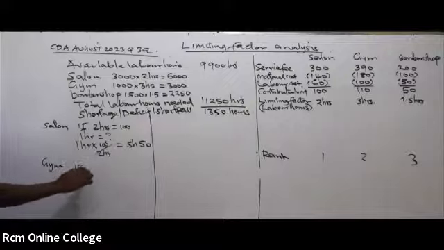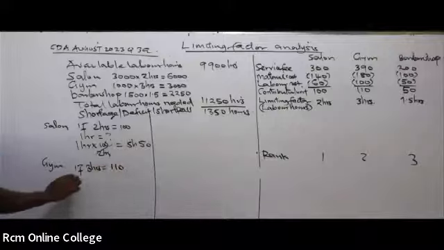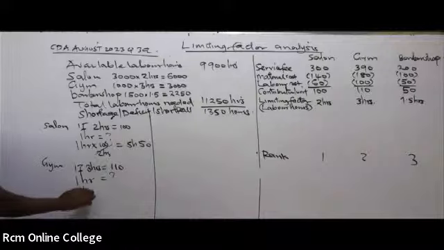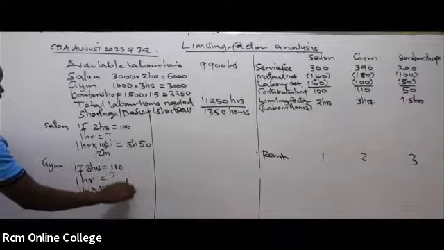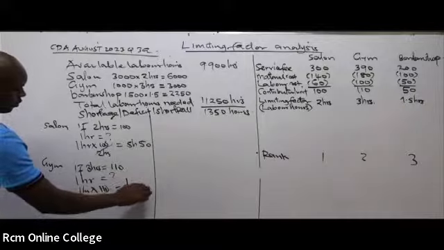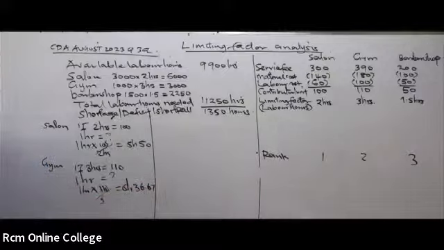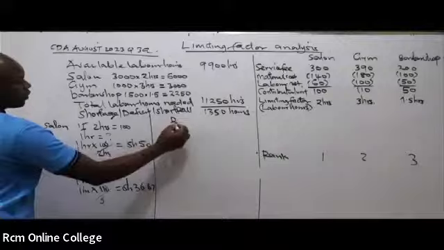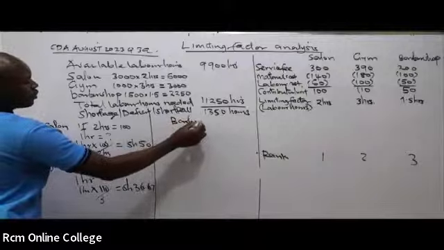If 3 hours in the gym is equal to 110, 1 hour in the gym will be equivalent to how much? 36.67. Then we finalize with the barber shop, right? Barber shop.